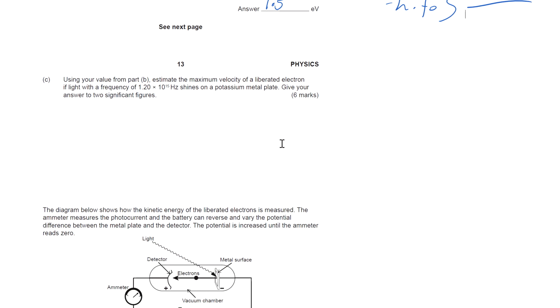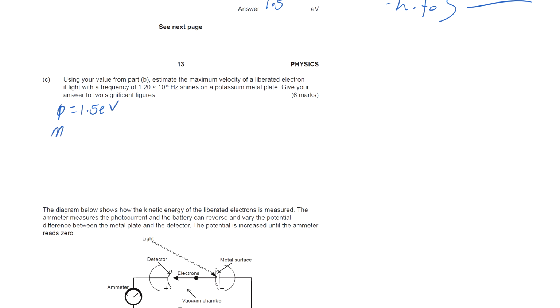It then says, using your value from part B, estimate the maximum velocity of a liberated electron if light with a frequency of 1.2 by 10 to the 15 hertz shines on a potassium metal plate. Give your answer to 2 significant figures. So here they're giving you the clue of how many significant figures you should have. Okay, so we know that the work function is 1.5 electron volts.